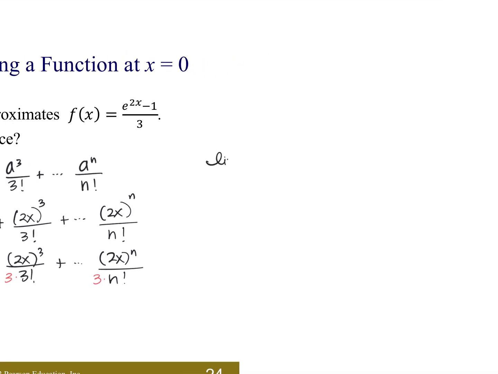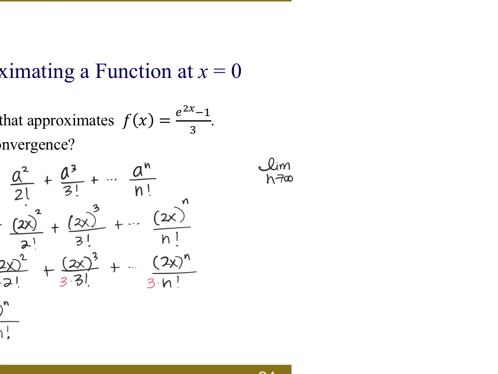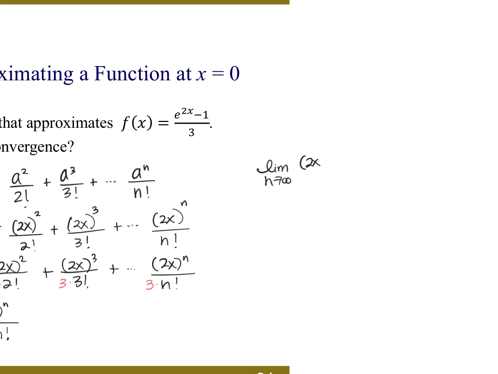So we're going to take the limit as n approaches infinity of 2x to the n plus 1 over 3 times n plus 1 factorial times 3 times n factorial over 2x to the n.